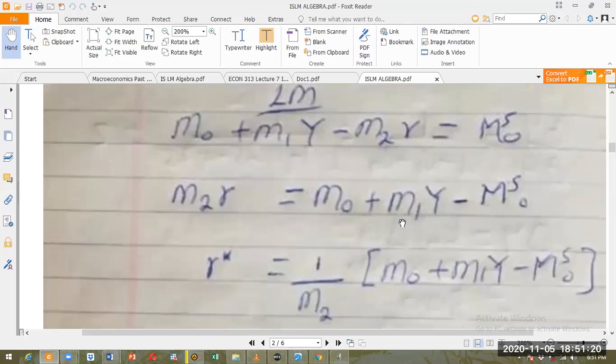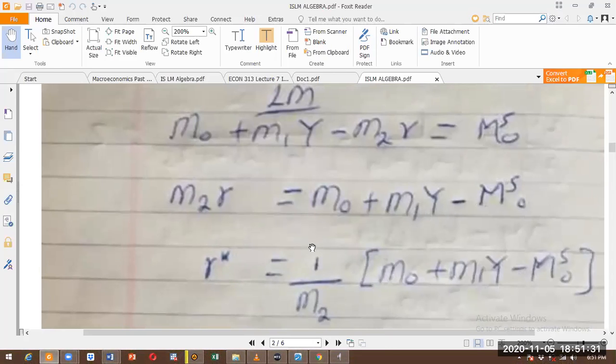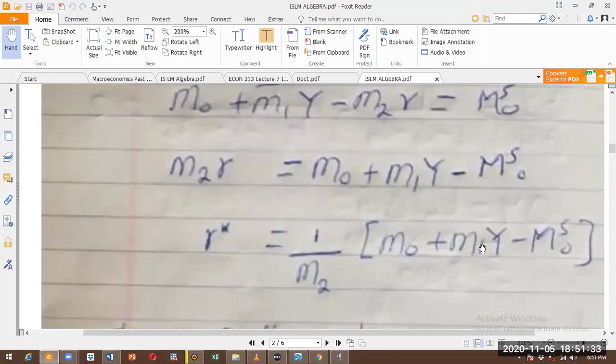So we have M2 R is equal to this whole expression. Now if you divide through by M2, then you have your LM equation. So R star is equal to this. So this is your LM schedule.